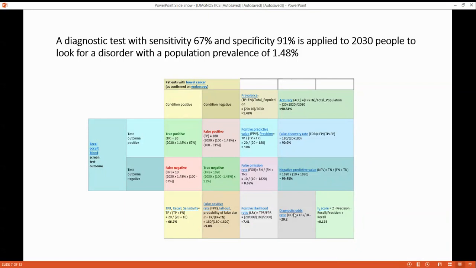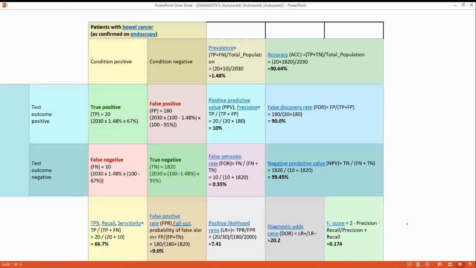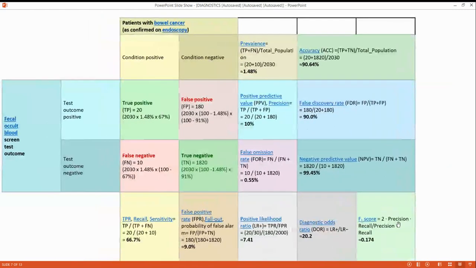I did mention that it is so critical to understand these two by two tables. The reason is that now we can understand other things. I brought this table because, can you believe this is all coming from a two by two table?